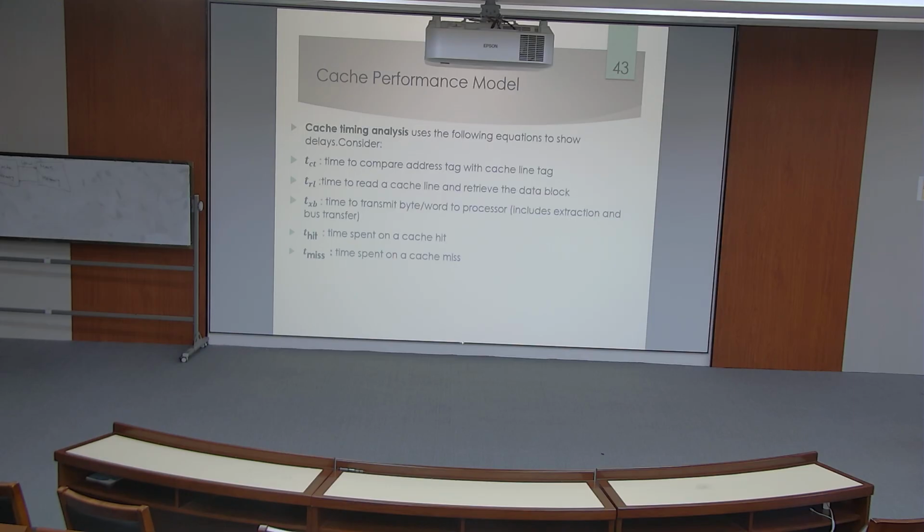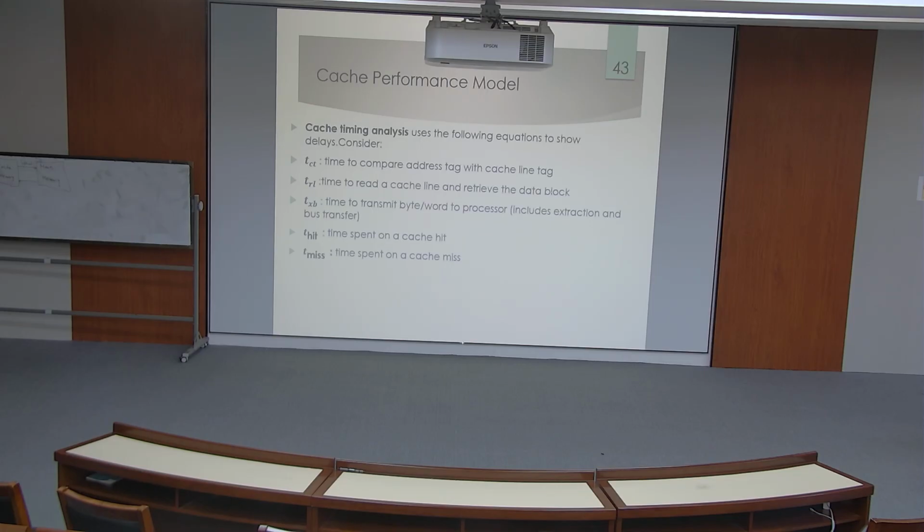That is the CTT. Then we have the time that the system spent on reading the cache line. The cache line needs to be read to retrieve the data if there is a match with the tags. Then we have the time that the system will spend on transmitting the data to the processor. It might be a byte or a word.